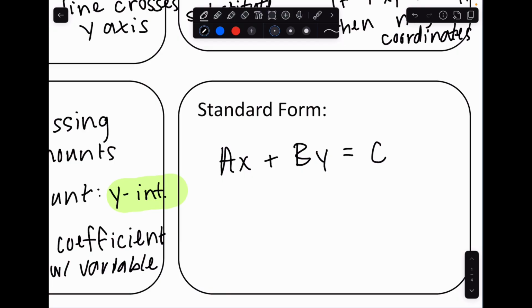Okay, so our coefficient connected to our x is always a positive whole number. Our b, it doesn't matter if it's positive, so it can be positive or negative.